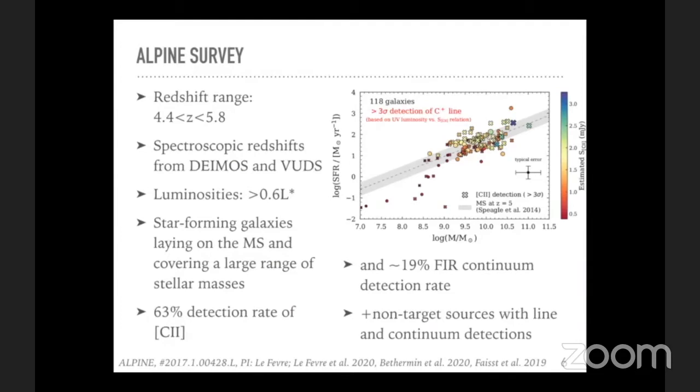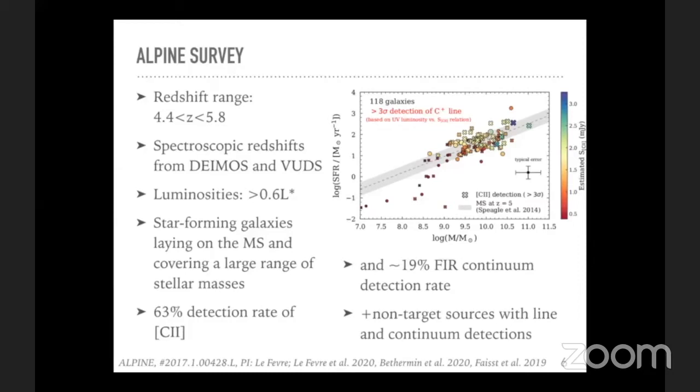The galaxies were chosen from spectroscopic surveys such as DEIMOS and VUDS, and since all these galaxies have spectroscopic redshifts, we could ensure a high detection rate of [CII] luminosity. But since the survey was built in order to get the [CII] luminosity, the detection rate of far-infrared continuum is lower, but it is still possible to get constraints from the observations of far-infrared continuum.